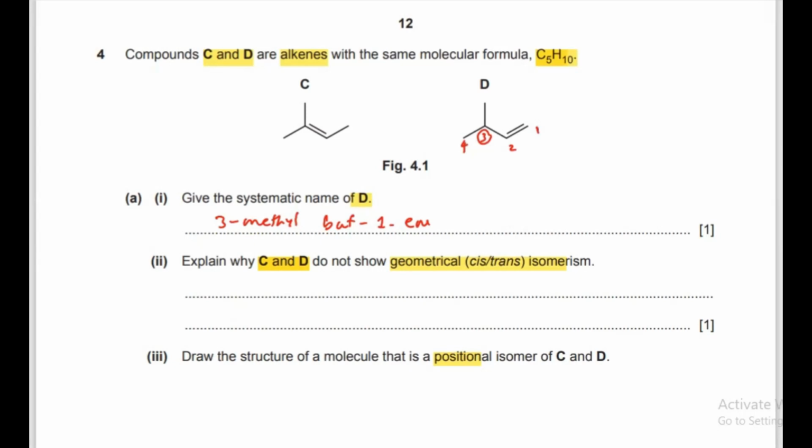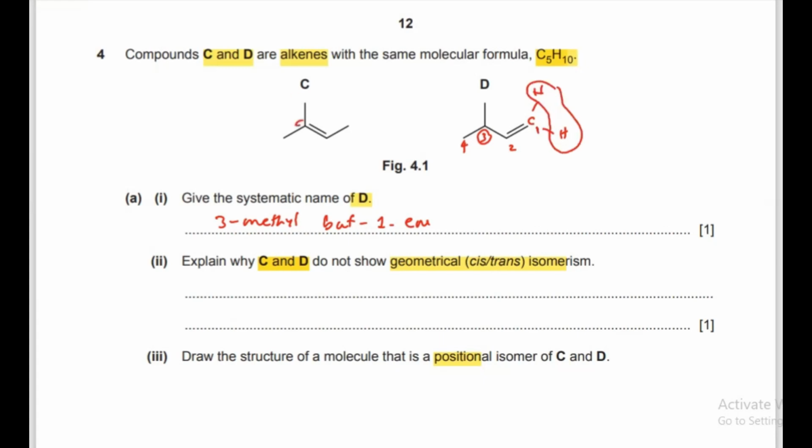Explain why C and D do not show geometrical or cis-trans isomerism. For cis-trans isomerism, there must be 2 conditions. Number 1, there must be a double bond. These 2 compounds contain the double bond. But the double bonded carbons must have different groups. Now, if we look at this double bonded carbon, it is attached with 2 hydrogens, so 2 same groups are attached.